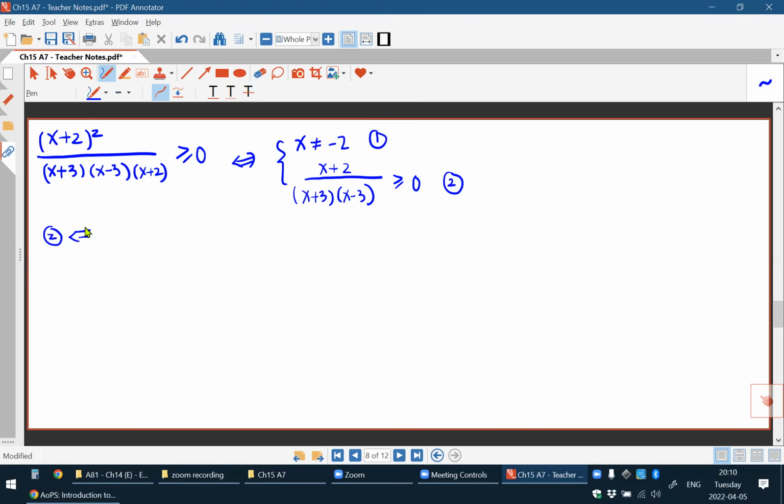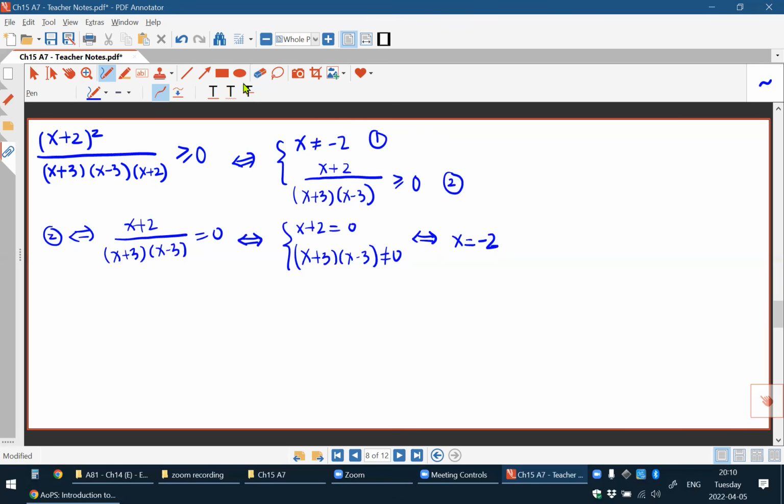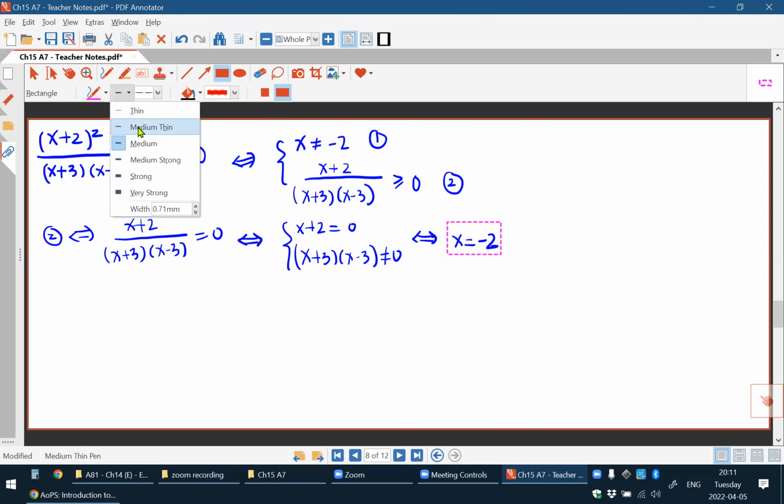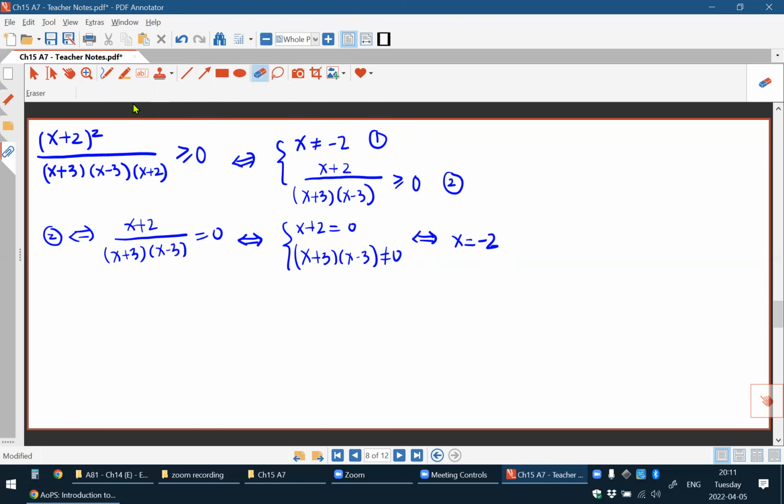So number 2 is equivalent to, first of all, x plus 2 over x plus 3, x minus 3 equals 0, which is equivalent to x plus 2 equals 0, but x plus 3 times x minus 3 is not 0. And apparently the solution is x equals -2. Can you follow me? Okay, so this is the solution to the equation. And do not forget, we have another branch.